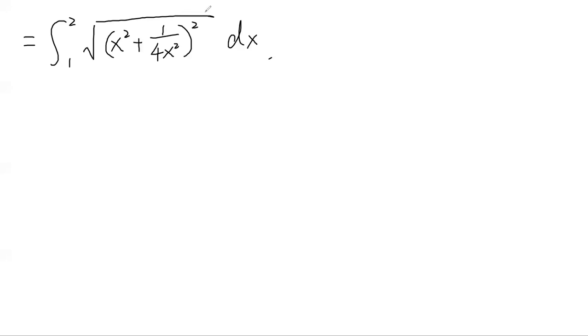And then before we cancel the square and the square root, we need to make sure that this is a positive number. When you have the square root of something squared, what you get should be the absolute value of it, not the original number.